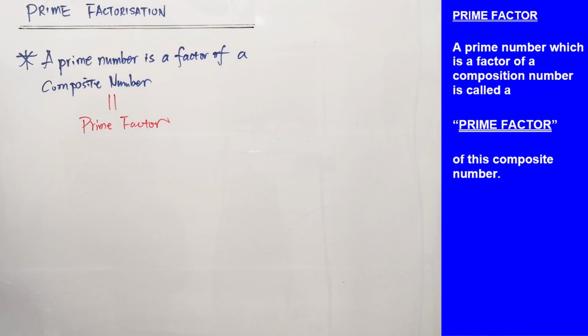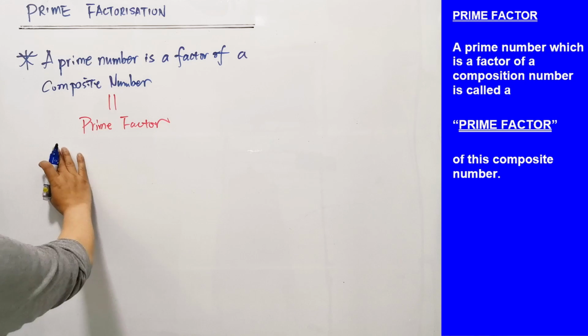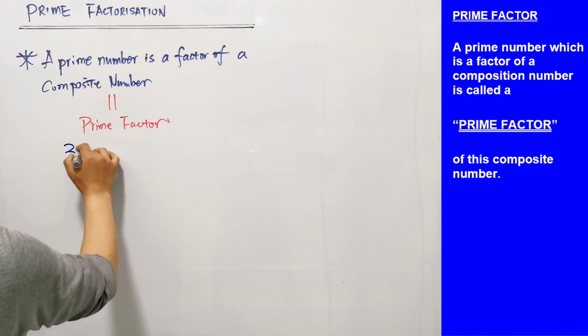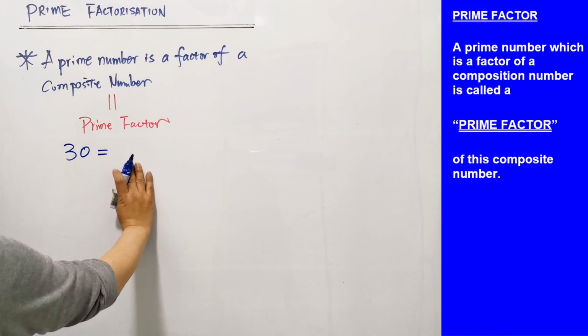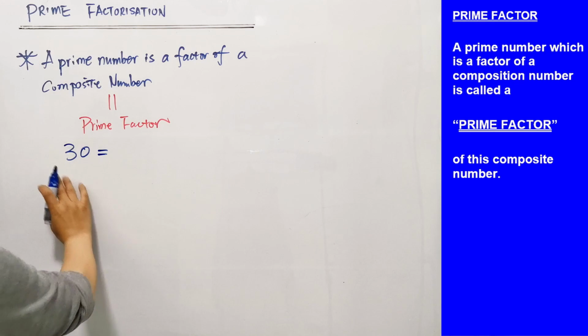We already discussed what a prime factor is. So let's give an example. For example, we have the number 13. The number 13 is a composite number.